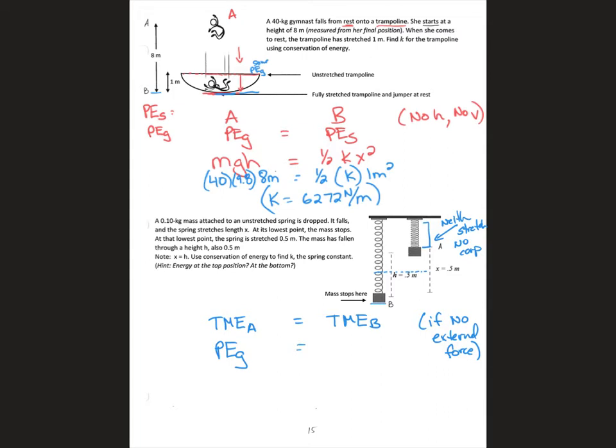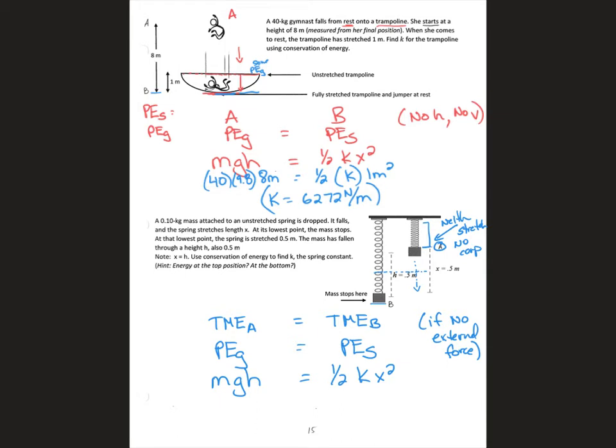In fact, it does turn into kinetic energy during the fall, but by the time it hits its bottom, it turns into potential energy that's stored in the stretched spring. So when it's way up at position A, we know that it has potential energy due to height. It becomes potential energy due to a spring.